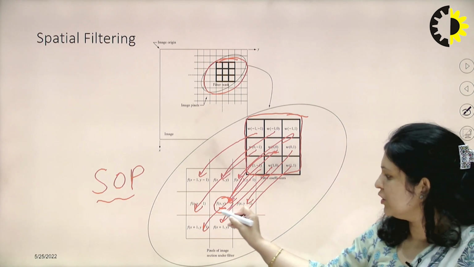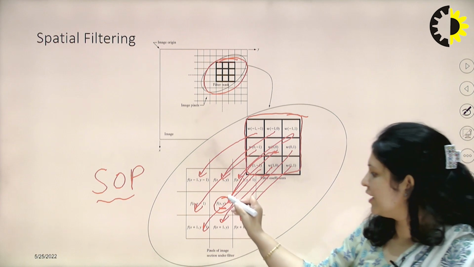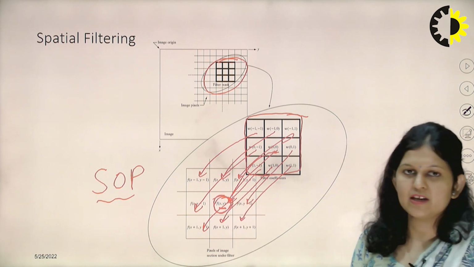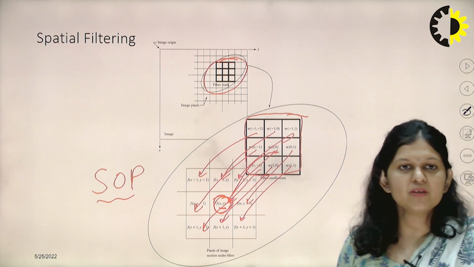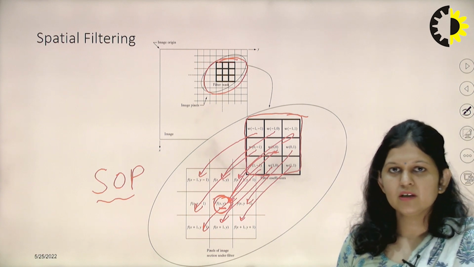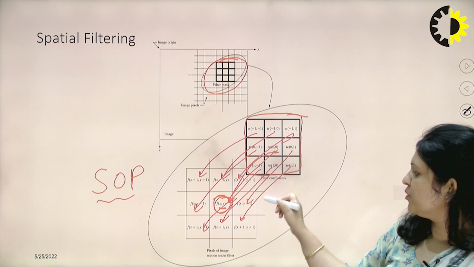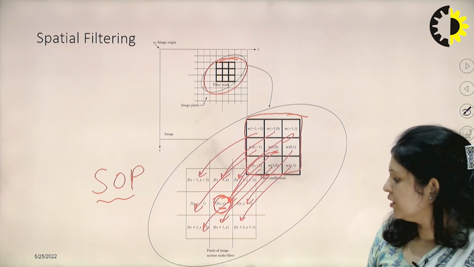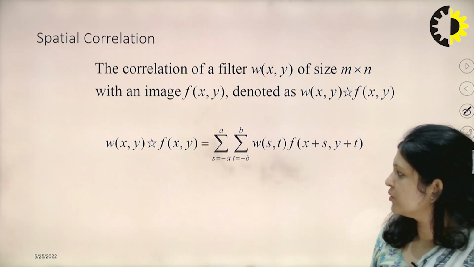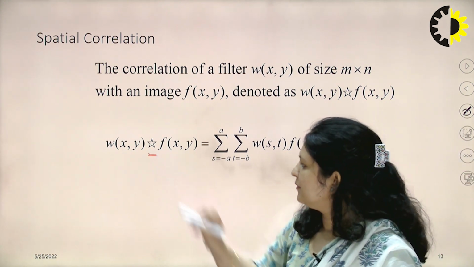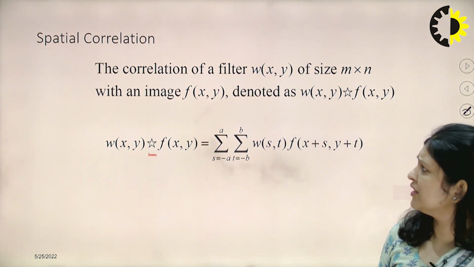We will get a new value that would replace this particular f of x comma y. Likewise, the filter would be moved. On whichever position the filter is moved, the center would be superimposed at that particular value. This is called the correlation operation, and it is denoted by this particular symbol.